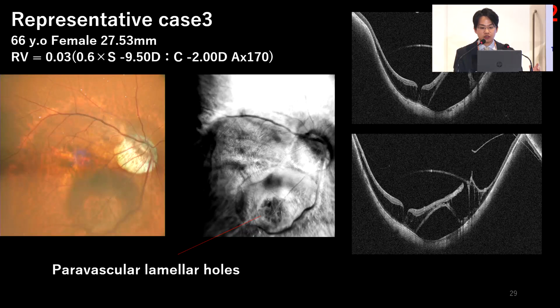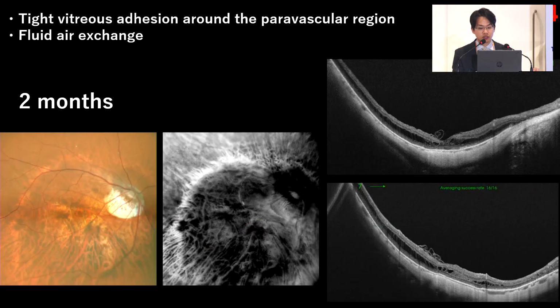This case also showed posterior staphyloma easily, and retinal detachment is easy to detect using retromode imaging. During the surgery, vitreous adhesion around the parabascular lamellar hole was so hard that we used forceps for removing it, and did tamponade with air. Contrary to the previous two cases, the third case was severe, but there was no complication.